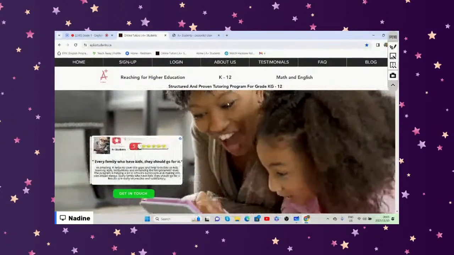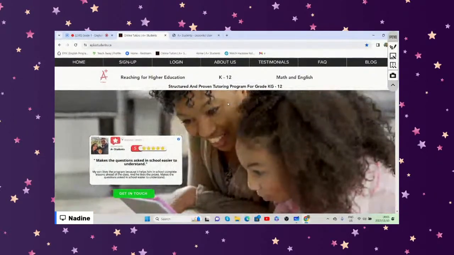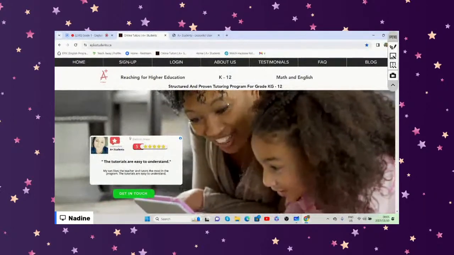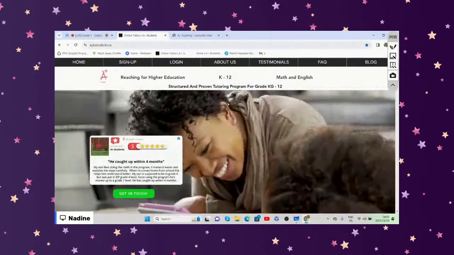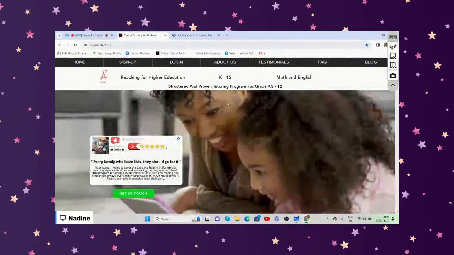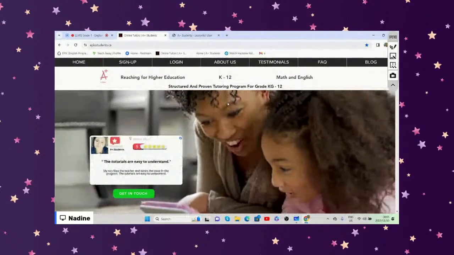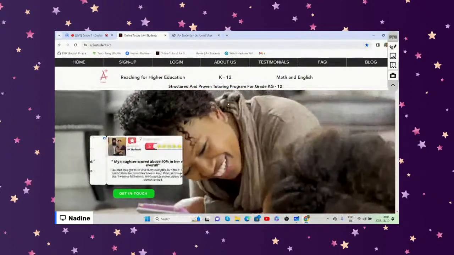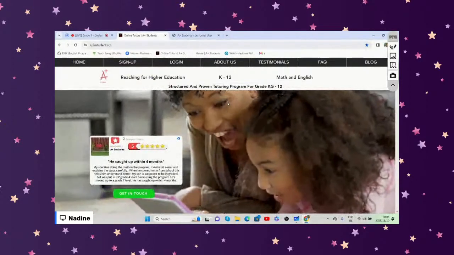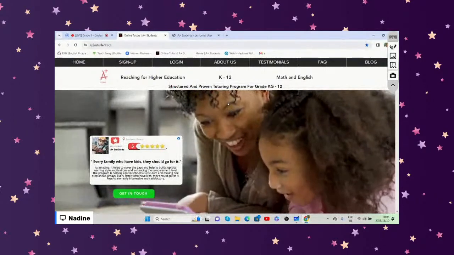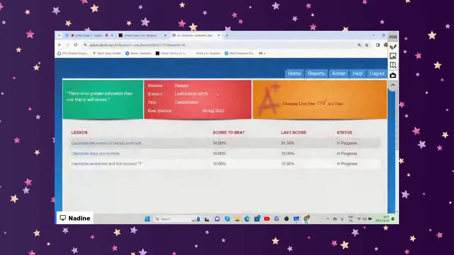Once we've logged into aplusstudents.ca with our username, as well as our password, we're going to select the subject of language arts, and then grade 1. Then we're going to scroll down until we get to the chapter of capitalization.